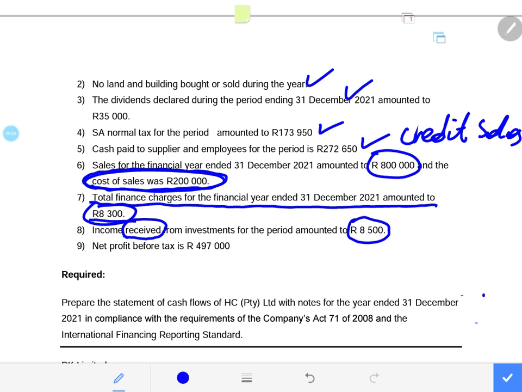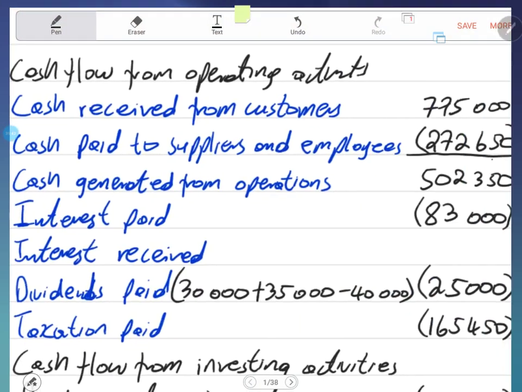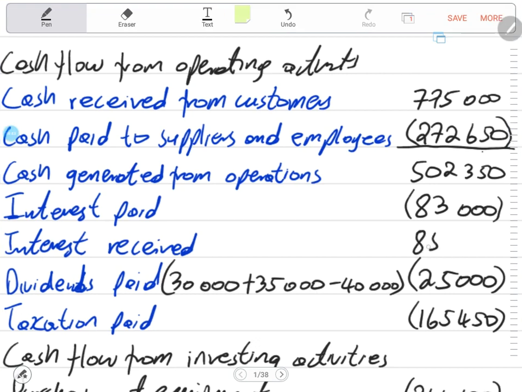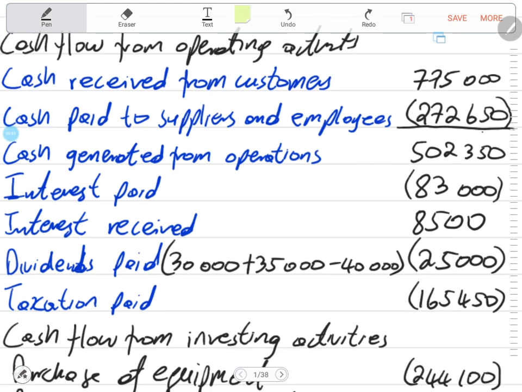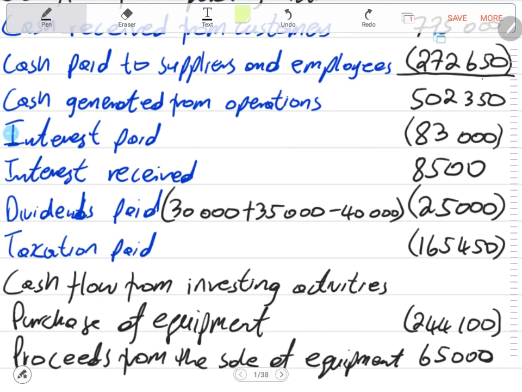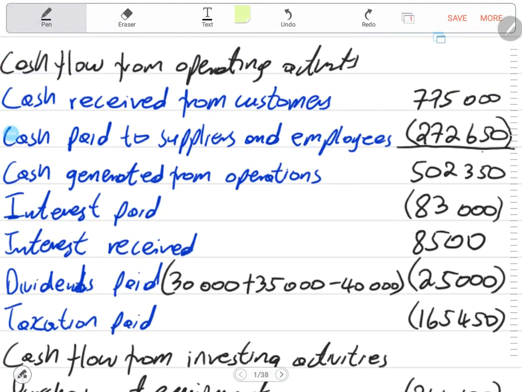And sometimes, once again, they can tell you that this is the finance charge or finance cost for the year, and they say interest paid was this amount. So on your cash flow, please only record what was paid. So now 8,500 was received as our interest income. So that one, there is no problem with it. We record it as is. And we covered the cash flow from operating activities.